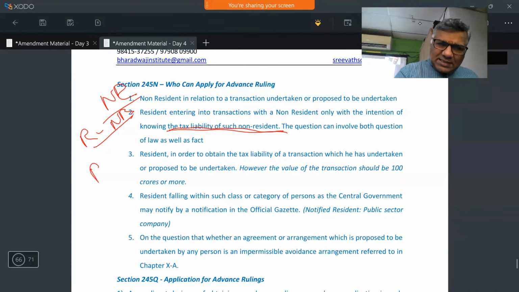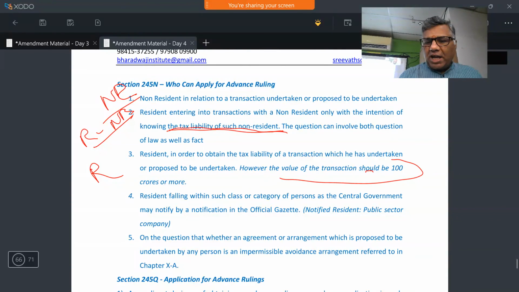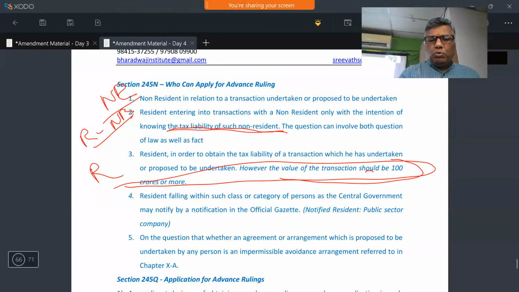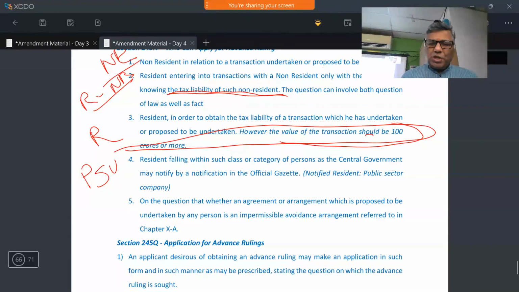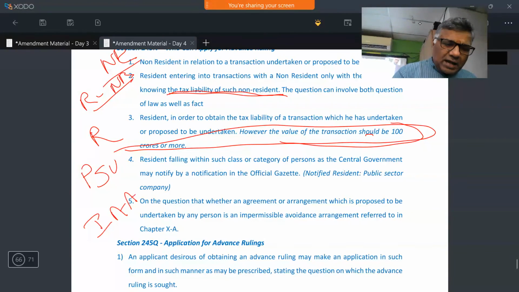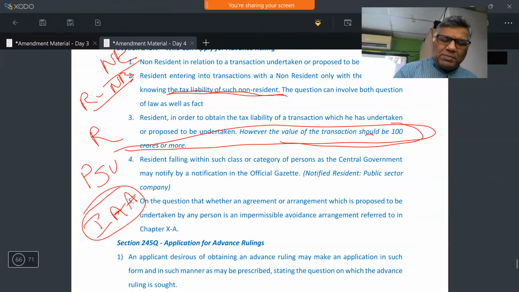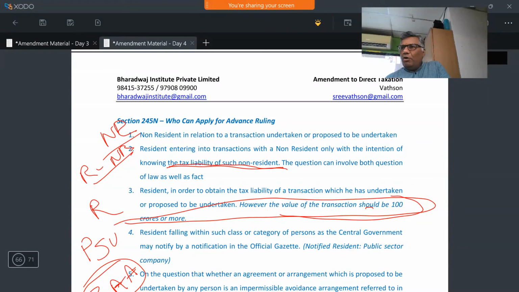Residents can also apply if the transaction value is 100 crores, a large transaction. PSUs, public sector undertakings, can apply. The last one, which is now included, is impermissible avoidance agreement, agreements which are framed in such a manner that you are avoiding taxes. Whether an agreement is impermissible or not, you can seek an advance ruling.